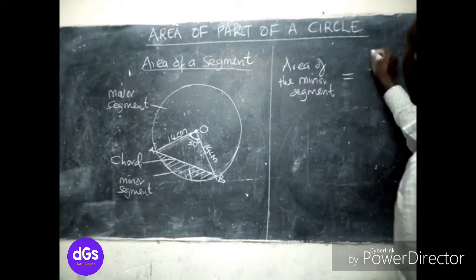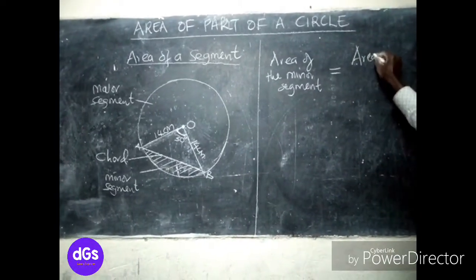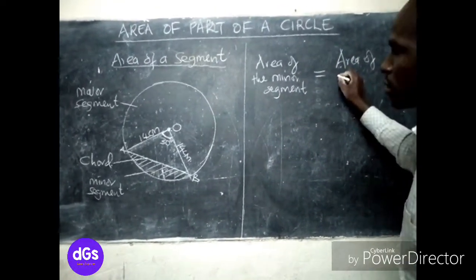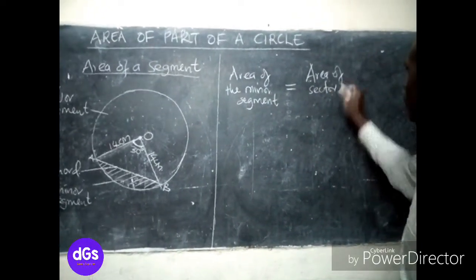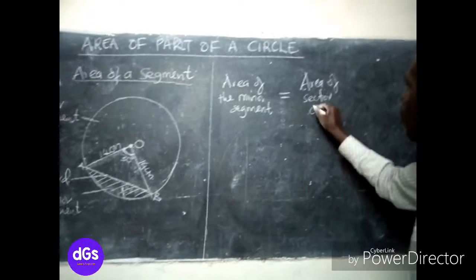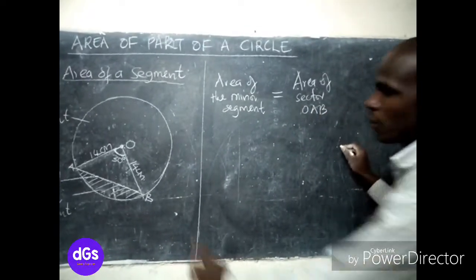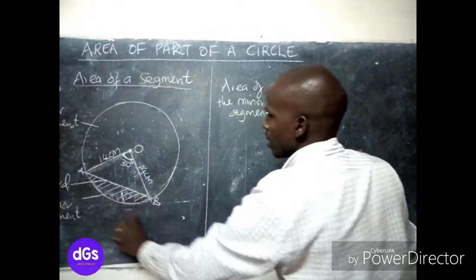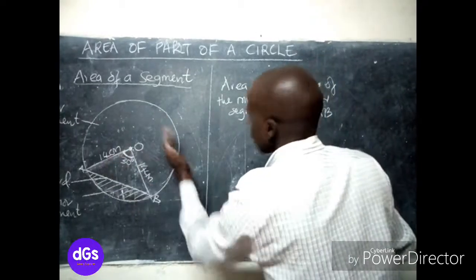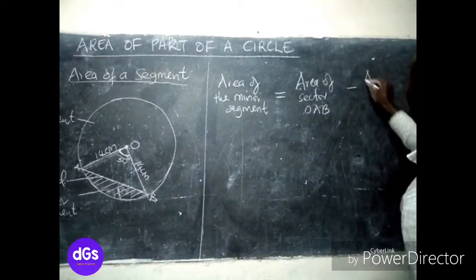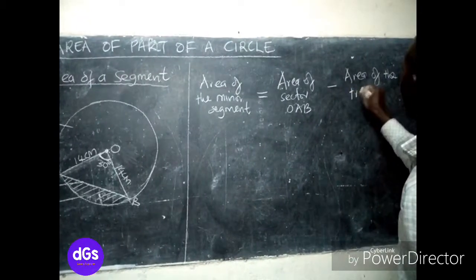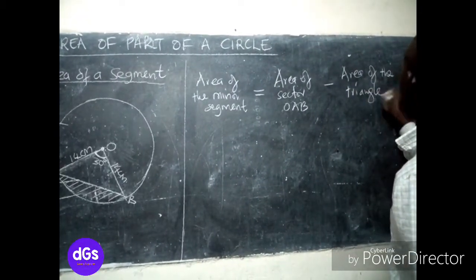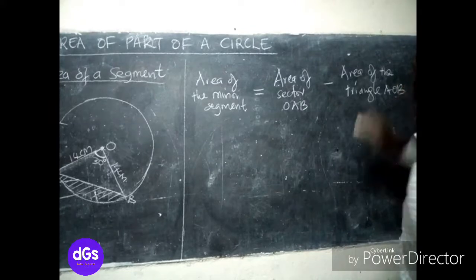So you can say the area of the minor segment will be given by the area of the sector, the whole sector, then we subtract the area of the triangle AOB.